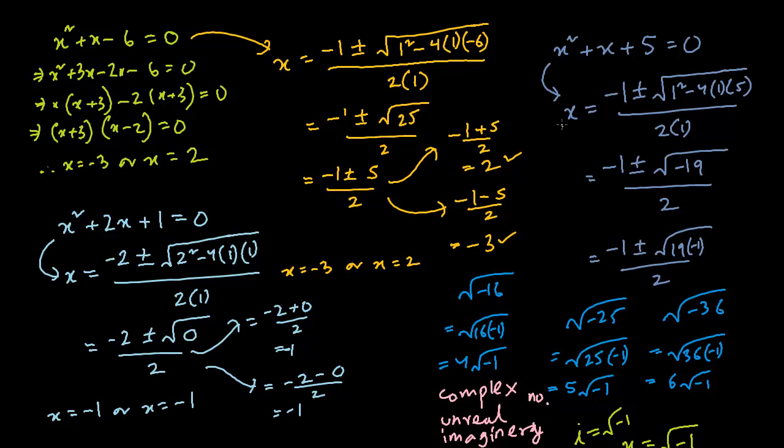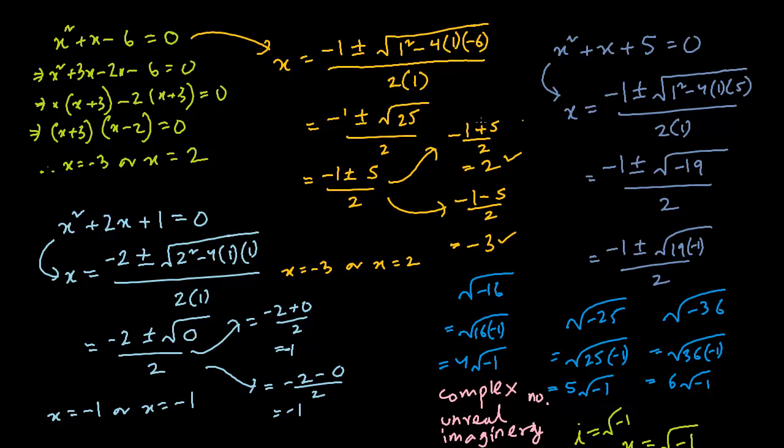So we'll say that the roots are unreal. One thing is very important. Whenever I am referring to the root of the equation, I am referring to the unknown value of x. This symbol over here is known as the square root or the radical. So whenever I'm referring to the root of the equation, I'm not talking about the square root, I'm talking about the unknown values of x.